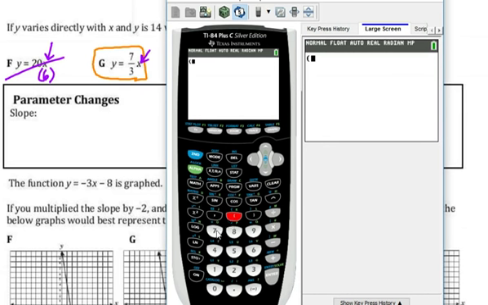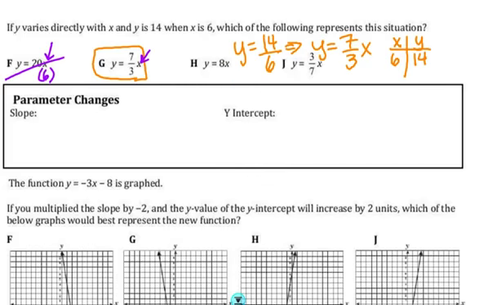Sorry, guys. So if I do 7/3 times 6, which is my x value, you'll see it spits out 14 as my y value. Alrighty, so again, just taking the value of x, plugging it in here. 6 times 8 is 48, not 14, and that one would also not work. So we get G there.